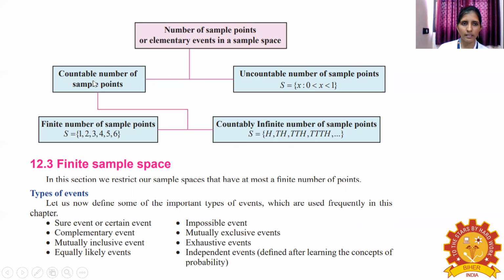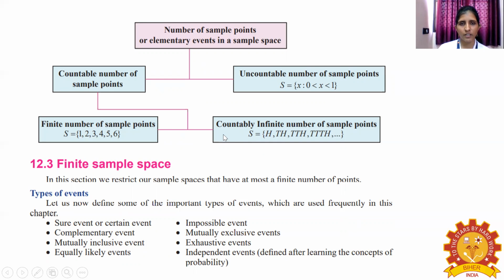Next, the countable number of sample points can also be divided into two groups. One is the finite number of sample points. For example, if you throw a die, the sample space has 6 outcomes, so we call this a finite number of sample points.